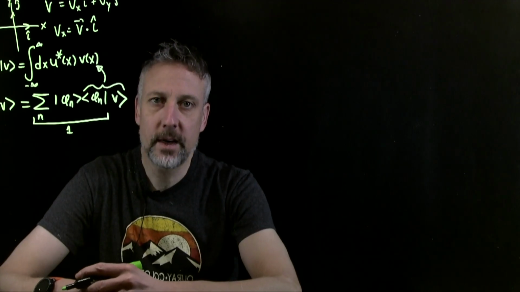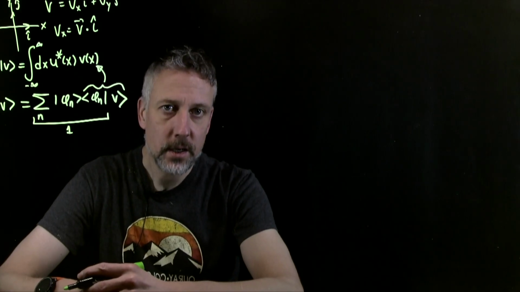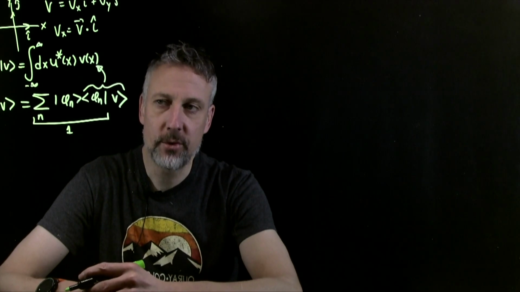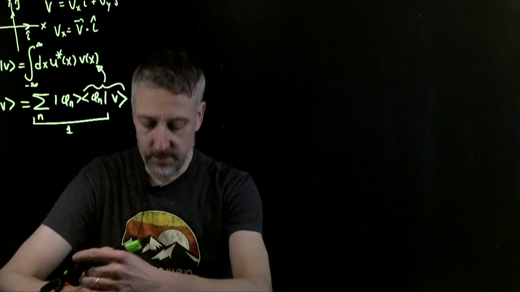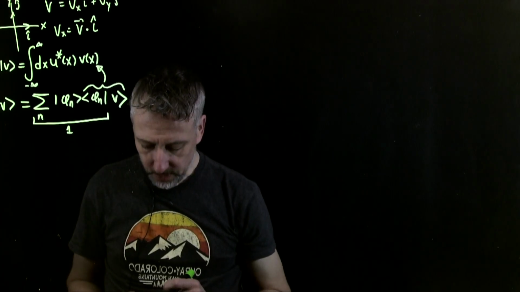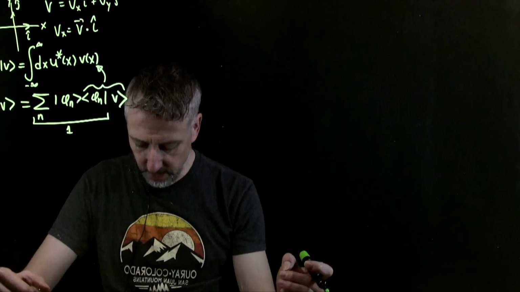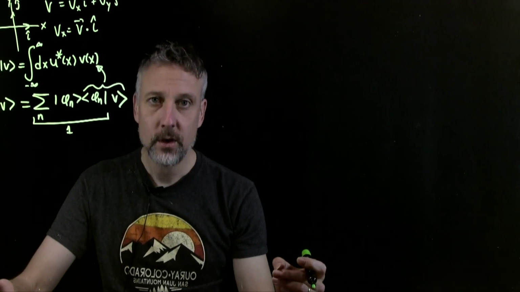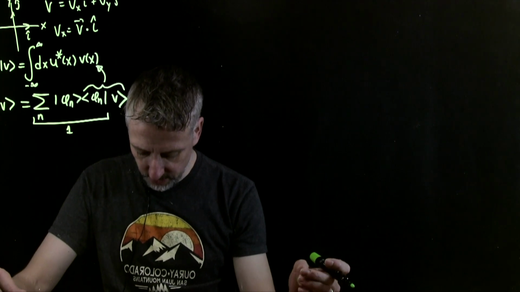But the basic idea is pretty clear. As long as the function you're trying to represent has the same boundary conditions, you can use this. And so that's how we're going to do that. I'm going to make the Mathematica file available to you to use. It'll be on Canvas. You'll see it there.